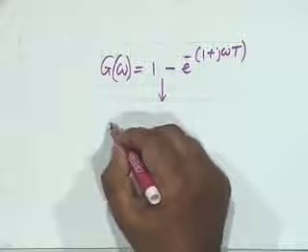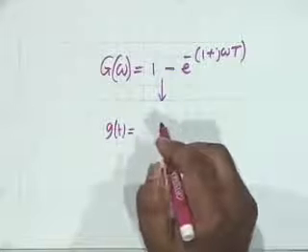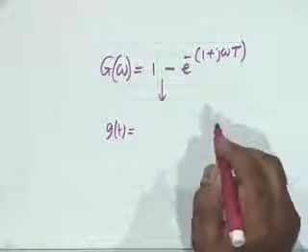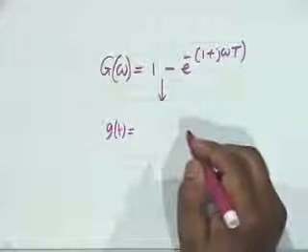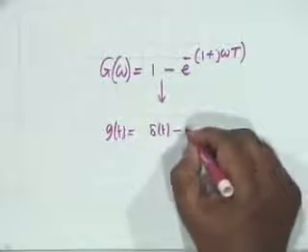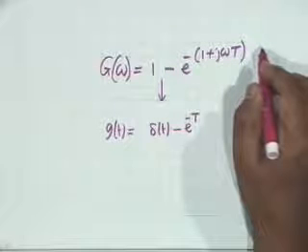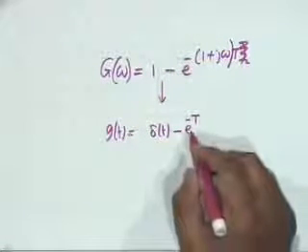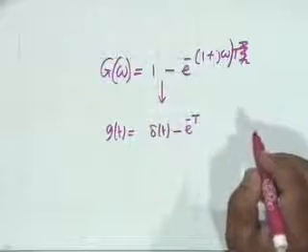And if you take the inverse Fourier transform, what kind of impulse response do you want? For the first term, for unity, what is the inverse? δ(t). Minus e^(−T), then e^(−jωT).